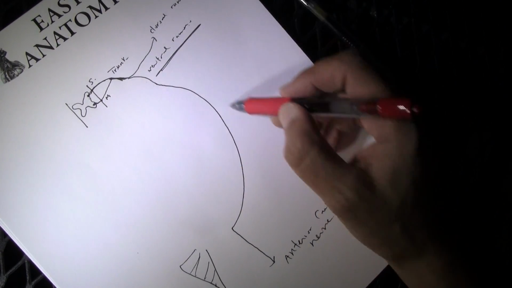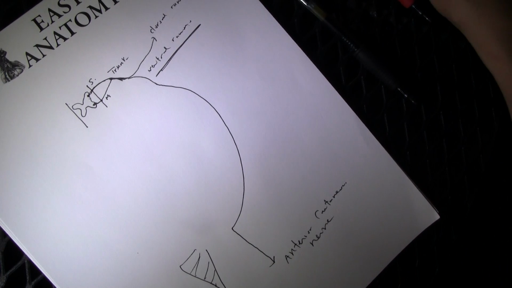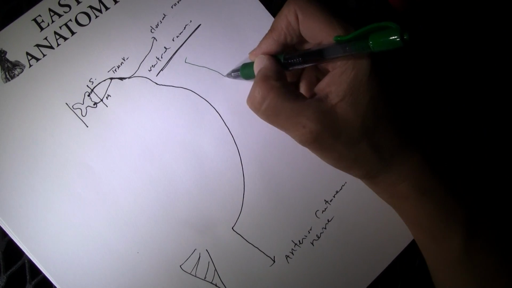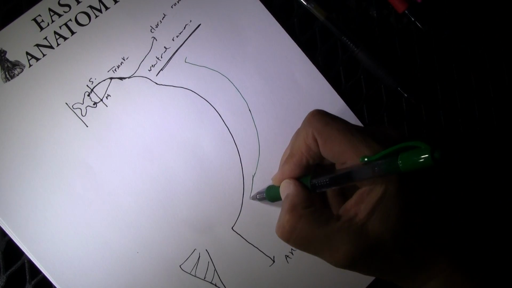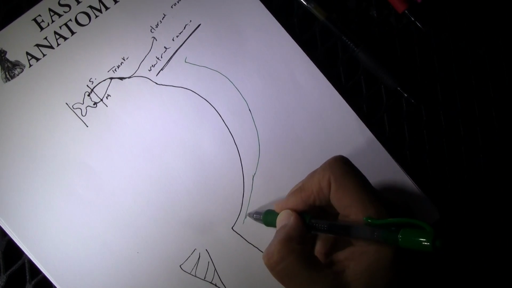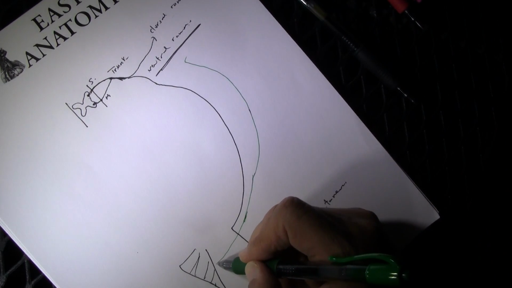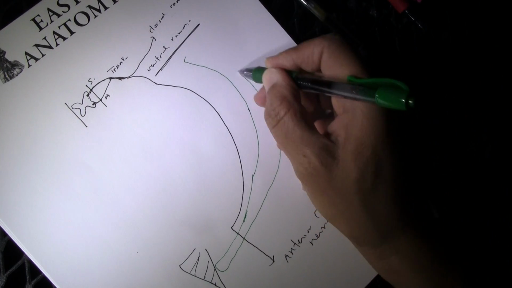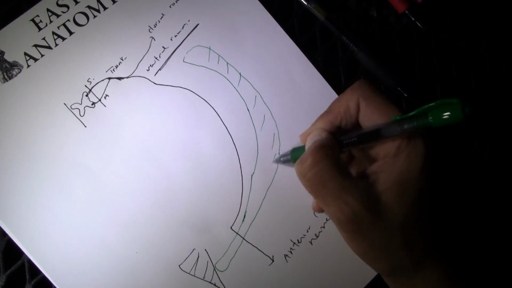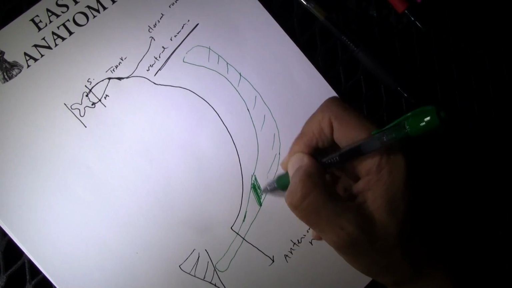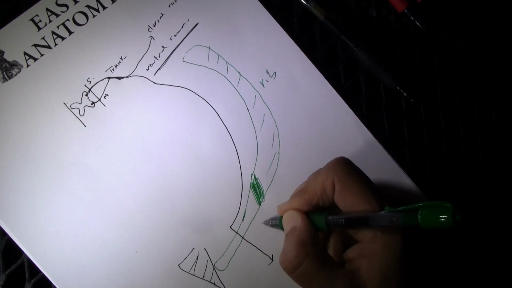So how do they travel through the space? Here is the rib and the costal cartilage.